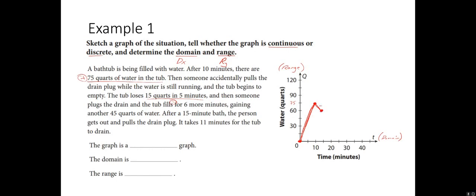So there's my daughter, and there it was originally. And then someone plugs the drain in the tub for 6 more minutes, gaining another 45 quarts of water. So 6 more minutes. We're at 15 plus 6, that's 21. And we gain another 45, which will put us up here, right there, at 105.